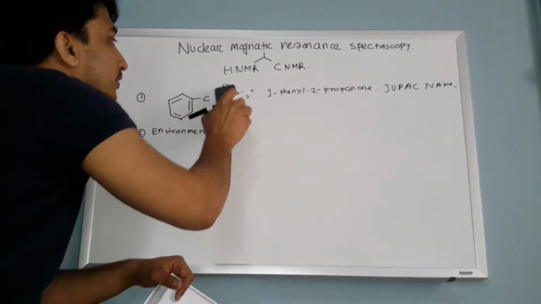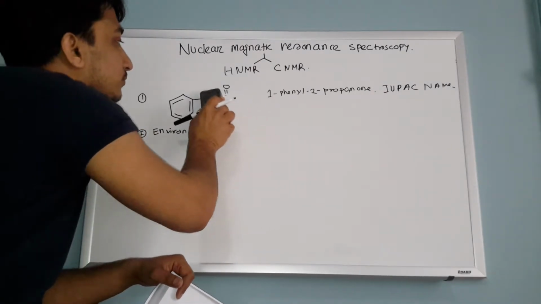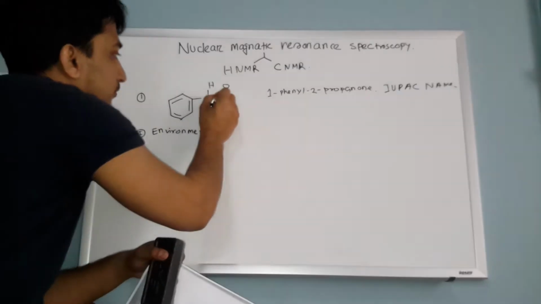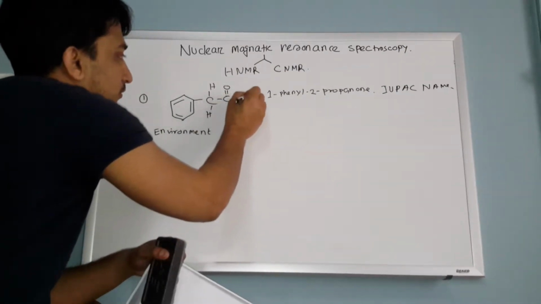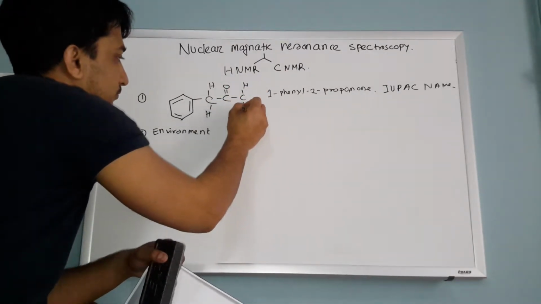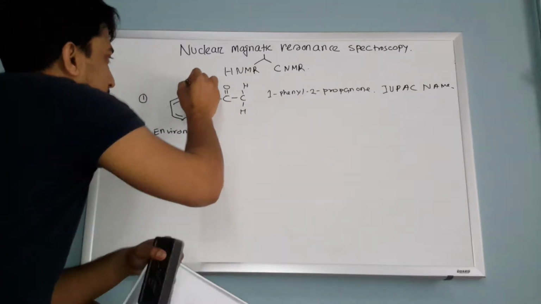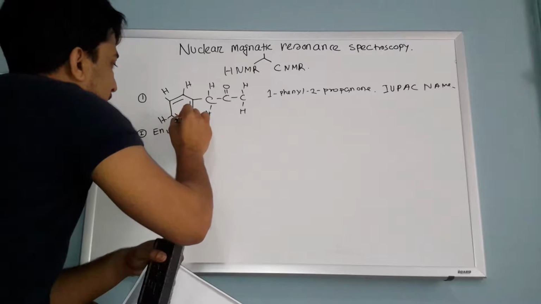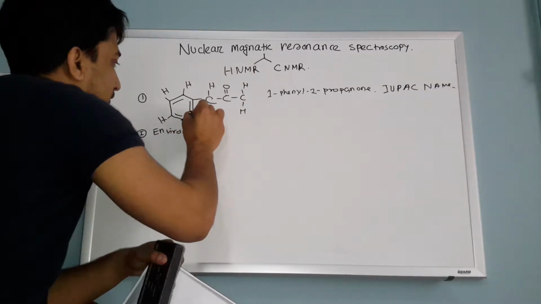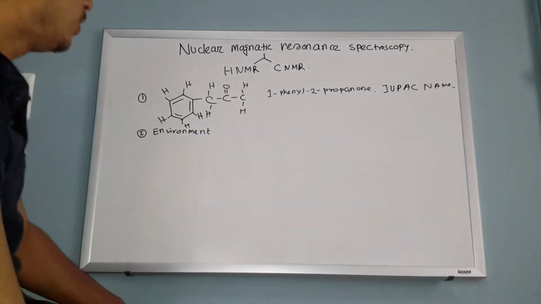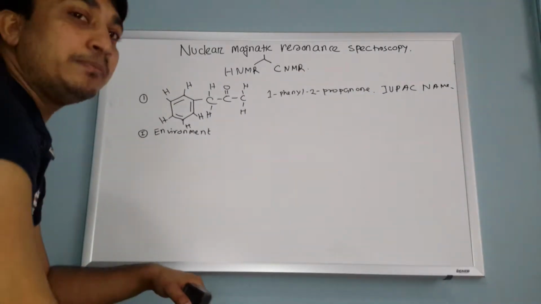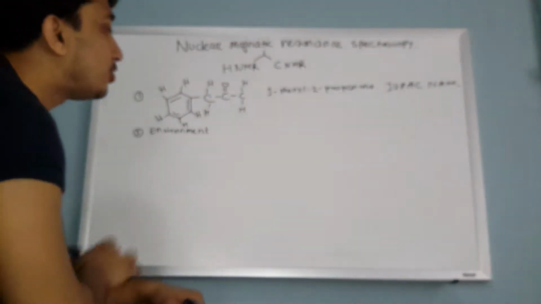If you want to draw the structural formula, just draw your hydrogens. Okay, this is your hydrogen. Then you have to find out the environment. How many different environments are in there?